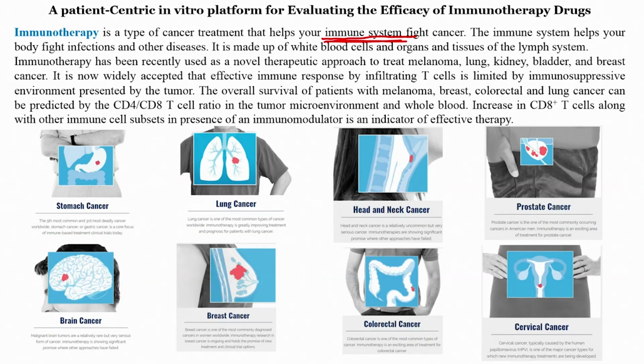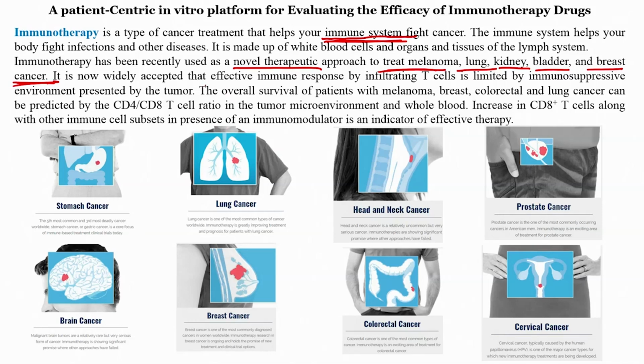The immune system helps your body fight infections and other diseases, and as we know, the immune system is made up of what? White blood cells and organs and tissues of the lymph system. Immunotherapy has been recently used as a novel therapy approach to treat melanoma, lung, kidney, bladder and breast cancer.